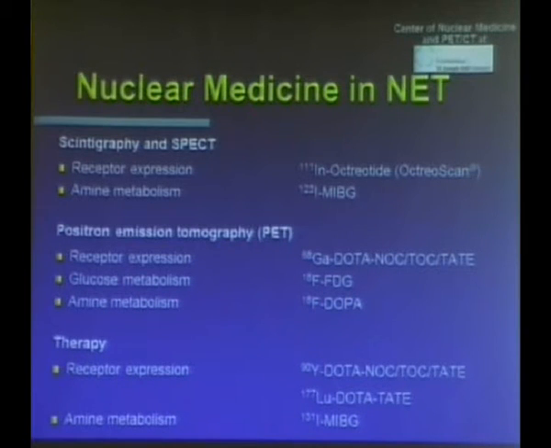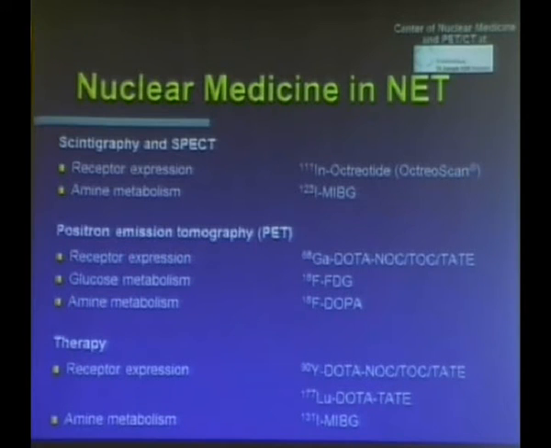But these are very small numbers of PET-CT sites, and they always have to produce the radiopharmaceuticals on their own. So it's very complex in the PET-CT area to perform these diagnostic steps.